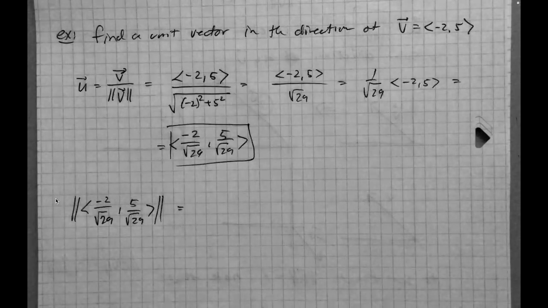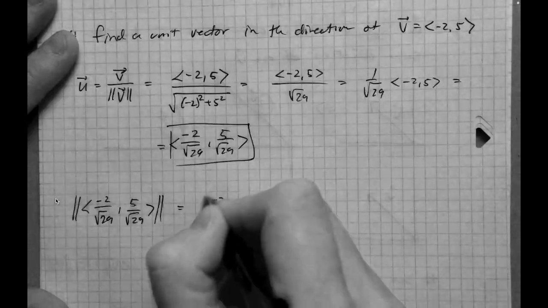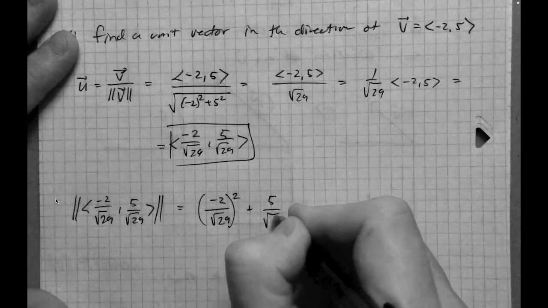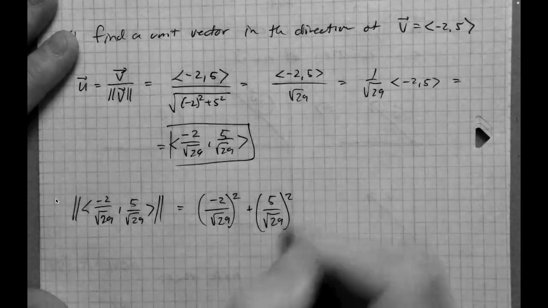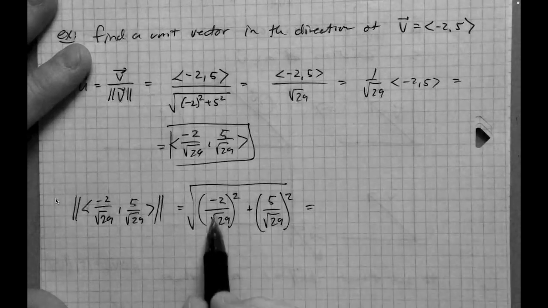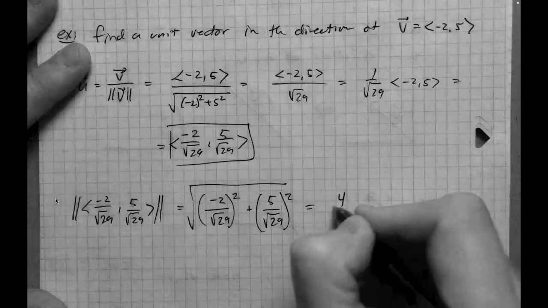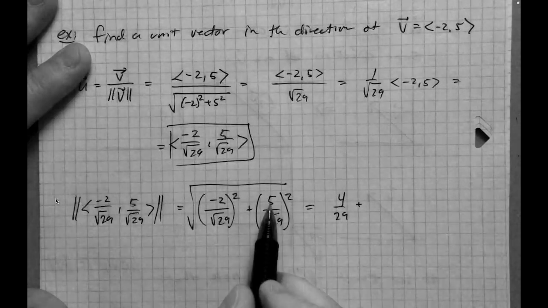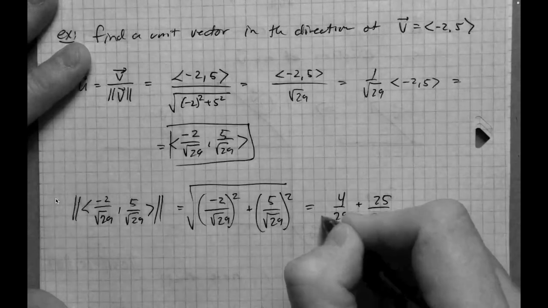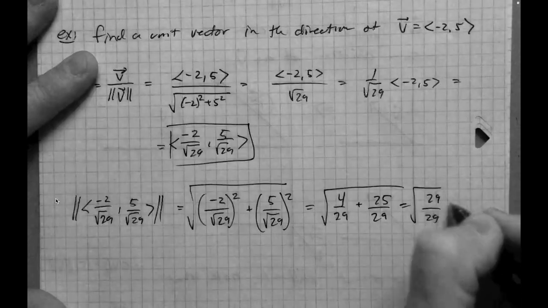So we do -2 over the square root of 29 squared plus 5 over the square root of 29 squared, and then take the square root of that. This is 4 over 29, and then 5 squared is 25 over 29. Looking good. You get 29 over 29, square root of that, so 1.